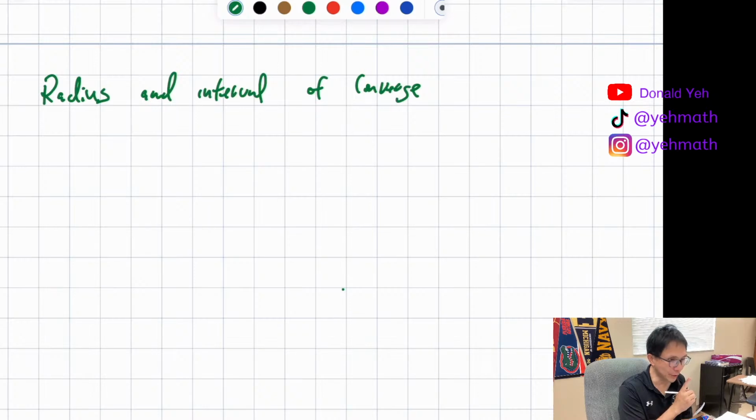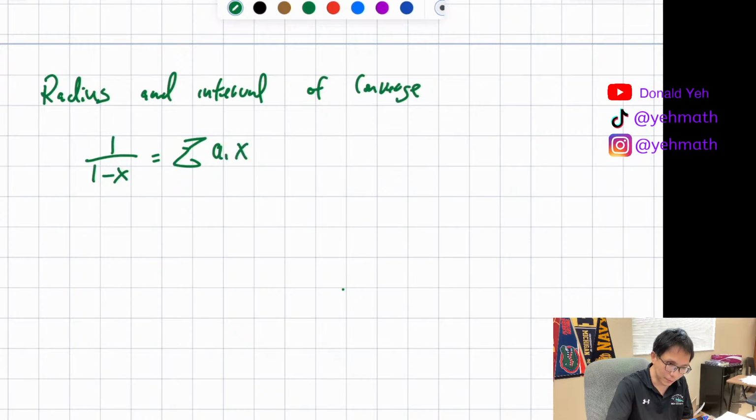So we got 3 situations. Last week, we showed you this equation is equal to the summation of a_n times x to the n, n equal to 0 to infinity.